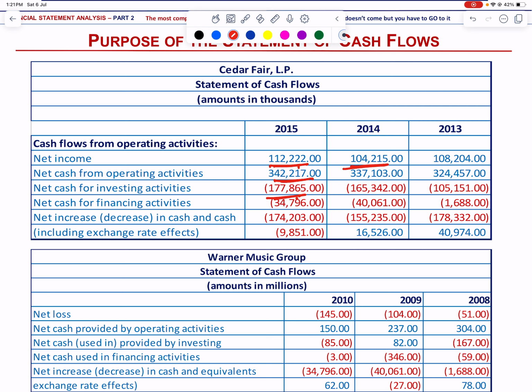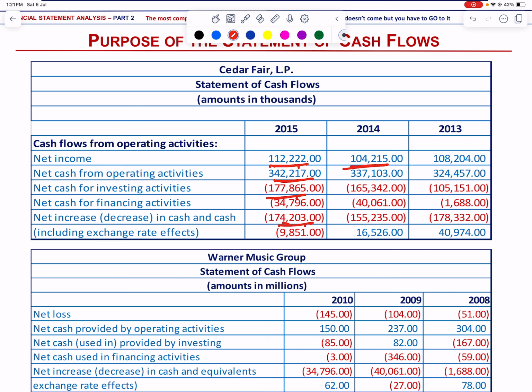So despite its profitability, Cedar uses 174 million in financing activities, largely for distributing profits to its partners as it operates as a partnership.